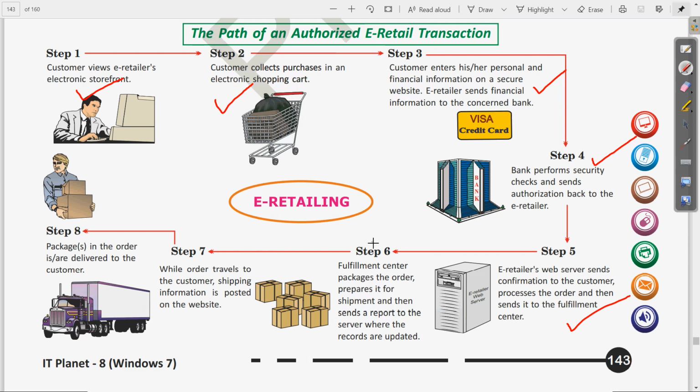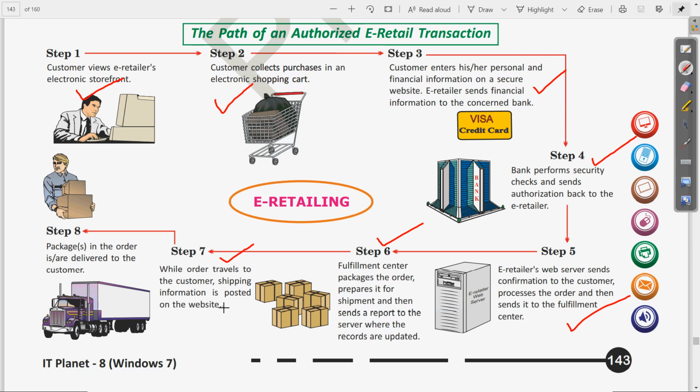Then when it is confirmed, the e-retailer sends the information to the fulfillment center where the product is packed and sent for shipment. While the product is being shipped, during the delivery period, the status of the product is updated on the website, or in the database, so that the customer is also updated about that.